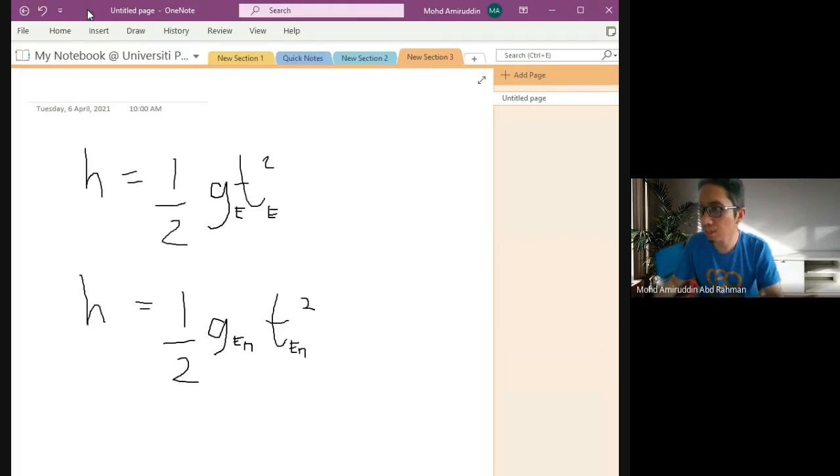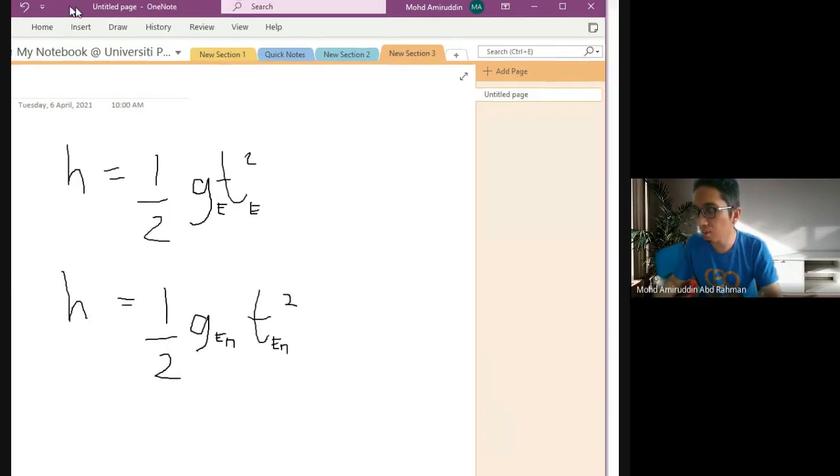Now you already get the two equations, one for Enceladus and the other for the Earth.